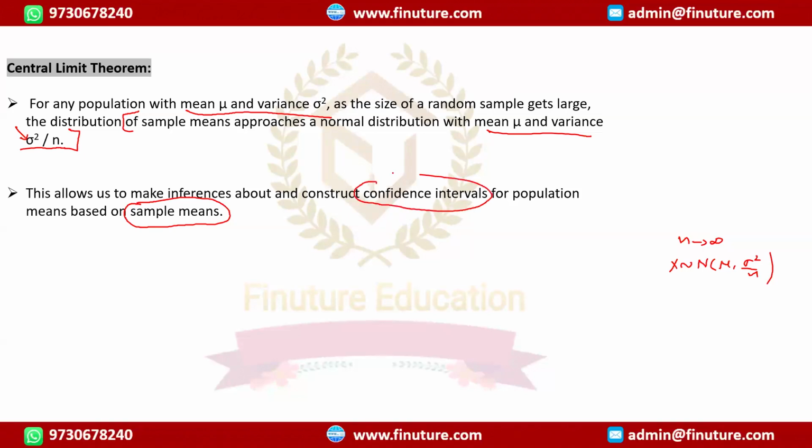Say for example, you are a researcher and I'm asking you, being an end user, give me a range for my population mean with 95% confidence.